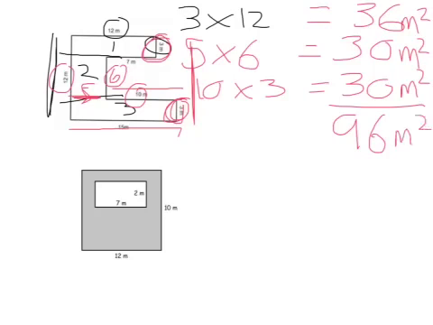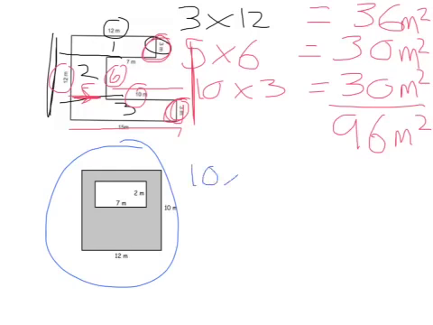Sometimes we get a question like this, and we are asked to find the shaded area. To do this, first of all, I ignore the white rectangle in the middle and just find the area of the large rectangle, which would be 10 times 12, which is 120 metres squared.